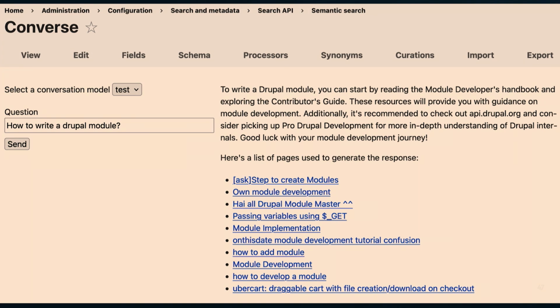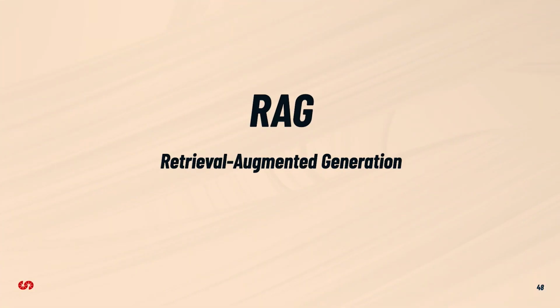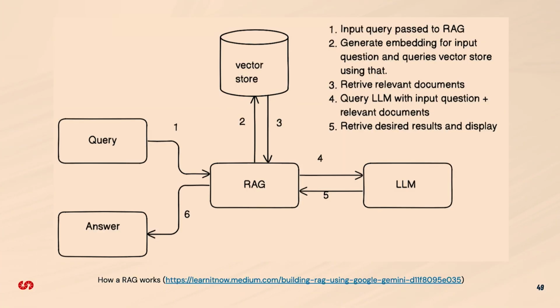So the first thing Typesense does is look for documents that are similar to "how to write a Drupal module", which are in this list here. Then it takes all the text in the nodes, sends it to OpenAI, and OpenAI generates this answer about how to write a Drupal module, etc. Okay, and this is called RAG. Basically, this is the explanation of how it works. It's quite typical right now.